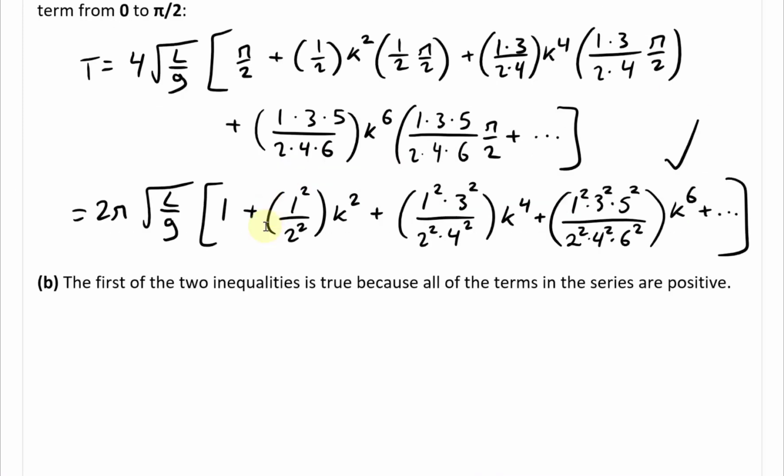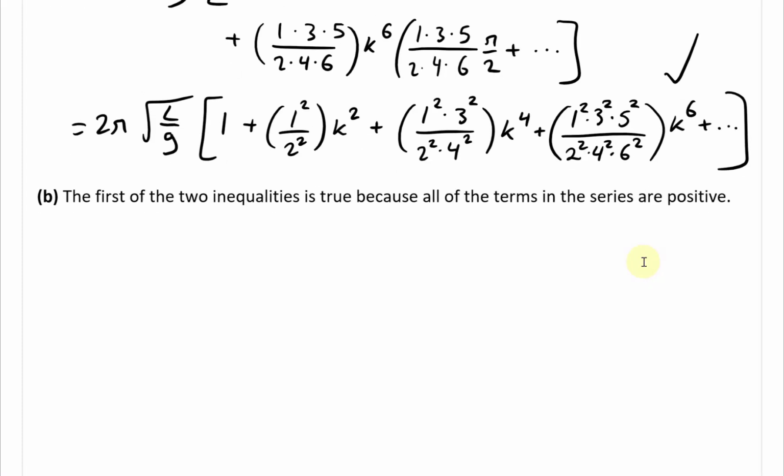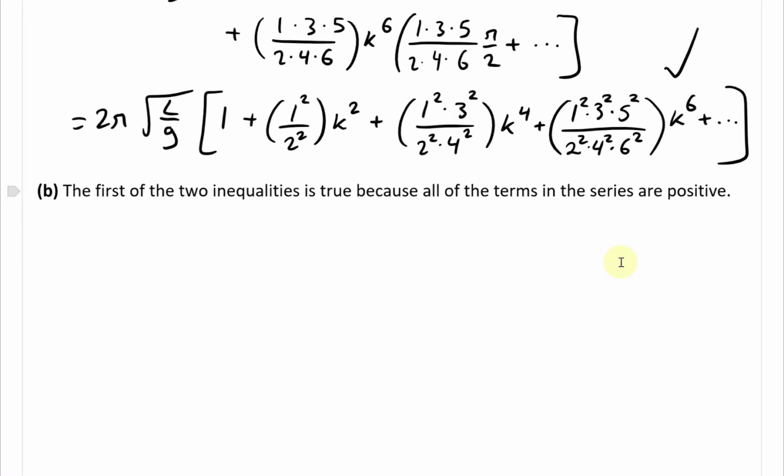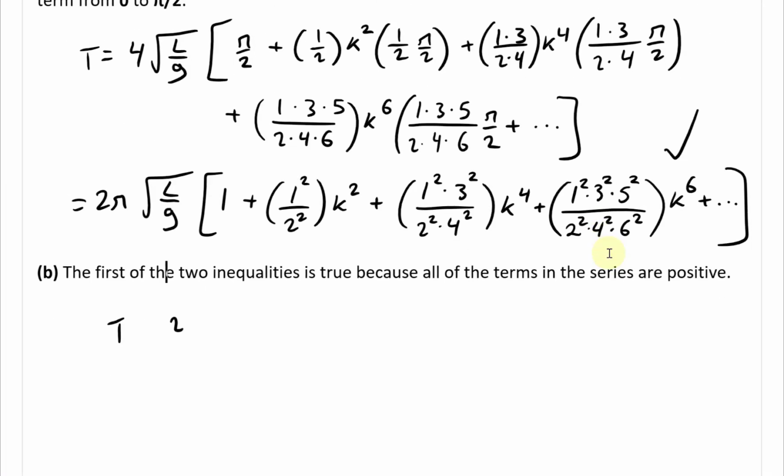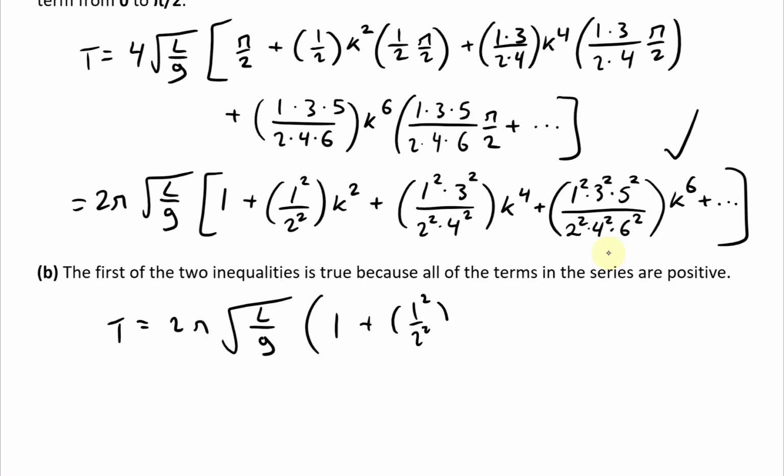We could start off with this part right here, or just write it in our own way. Is it approximately equal? Well, actually, it is equal if we're using the exact series going to infinity. So t equals 2 pi times the square root of L over G, times 1 plus 1 over 2 squared, k squared.